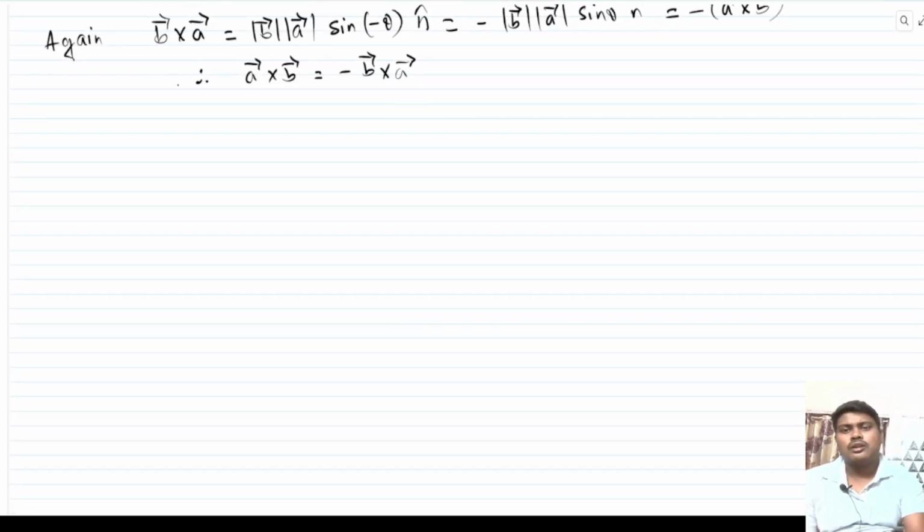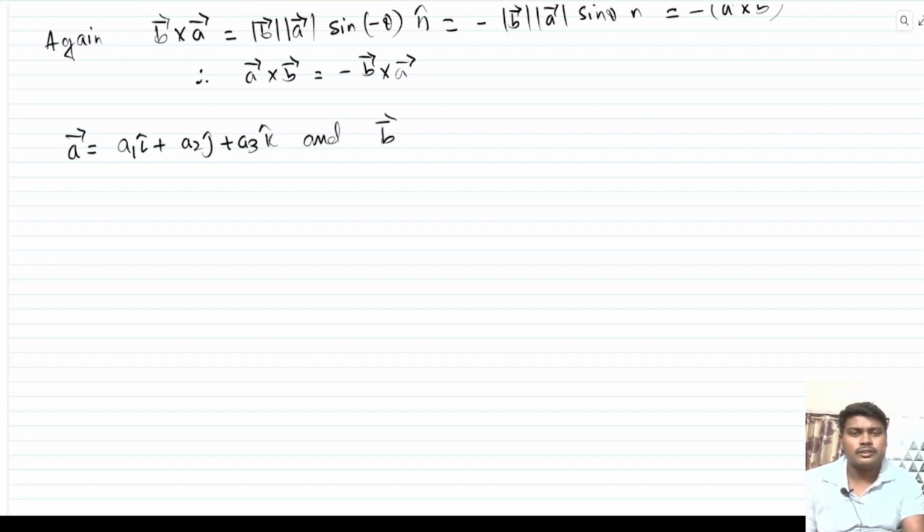Next, let us consider the vector a as a1 i cap plus a2 j cap plus a3 k cap, and the vector b equal to b1 i cap plus b2 j cap plus b3 k cap.